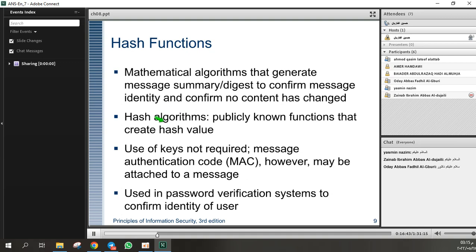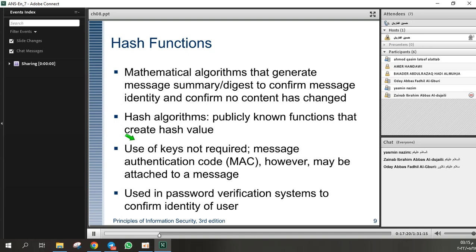You cannot dehash it. In this case, we are not using keys. In encryption, we are using keys to encrypt the data. For example, I must use an alphabetic replacement or substitution pattern, or a key for XOR or something like that. But in a hash function, I never use keys.